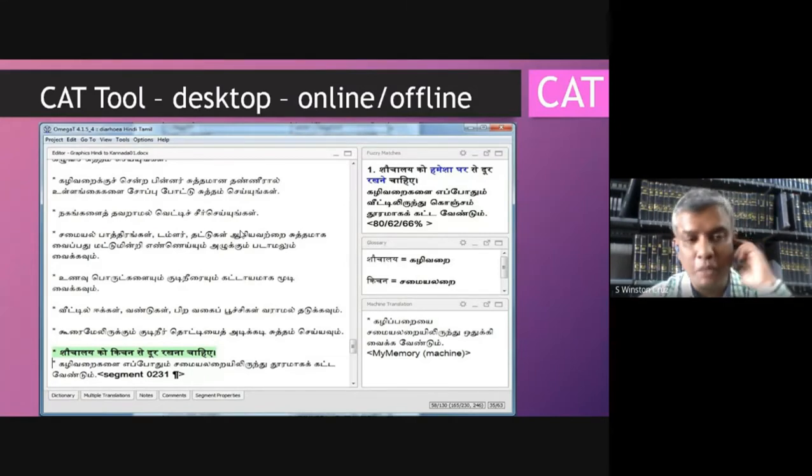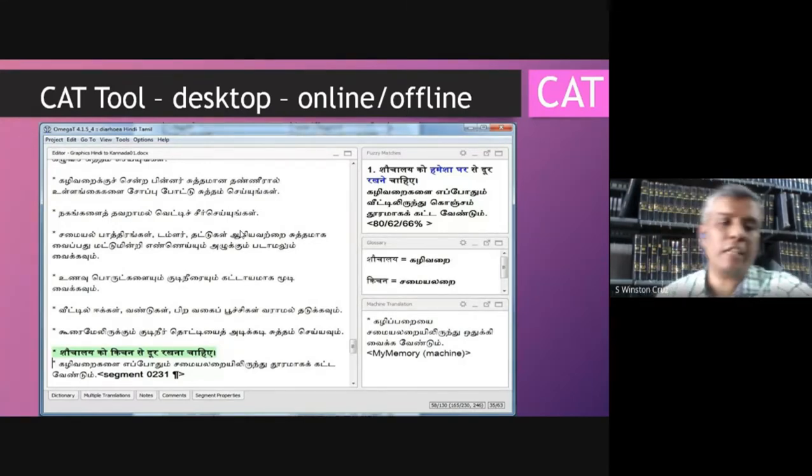Or if you have a number, like in a list, 3 dot or i dot a dot, and it has a space after that, it will definitely separate it as a separate segment. But if you don't leave a space, then it will consider it as part of that segment, so it will go for the next sentence delimiter.